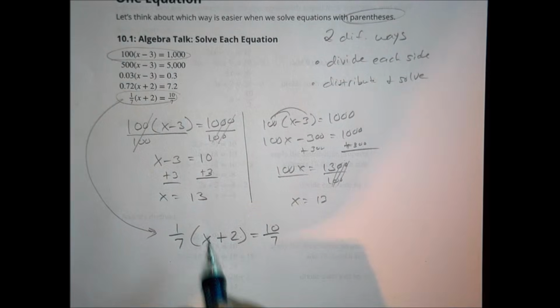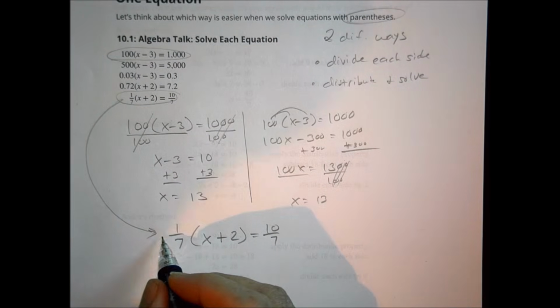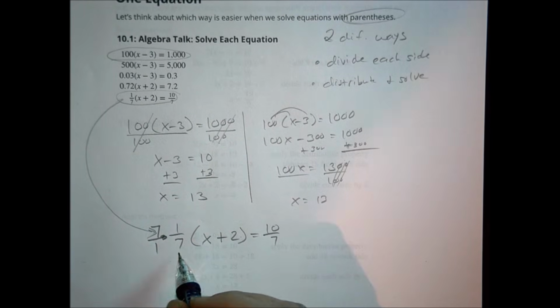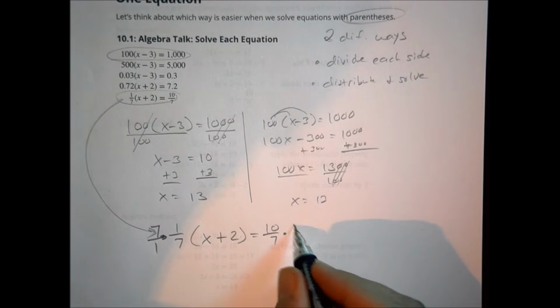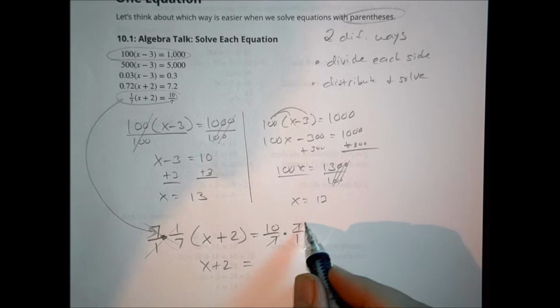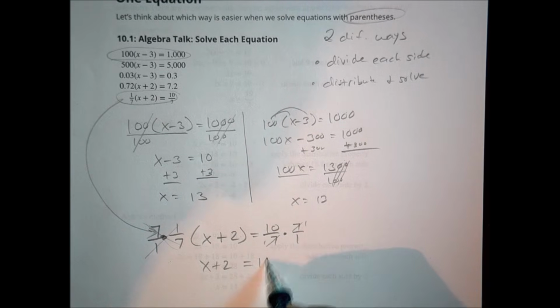Now in this case, I'm going to multiply both sides by the reciprocal. If this is 1 over 7, I'm going to multiply both sides by 7 over 1. So this becomes 7 over 7, which cancels out to be 1. So the left is left with x plus 2 equals whatever this is. The 7 and the 7 will reduce, and I'm left with just the 10.